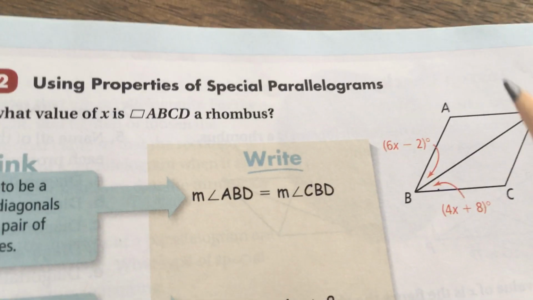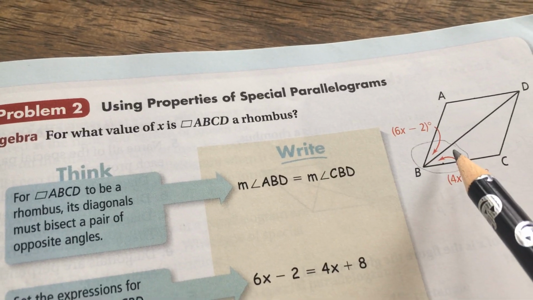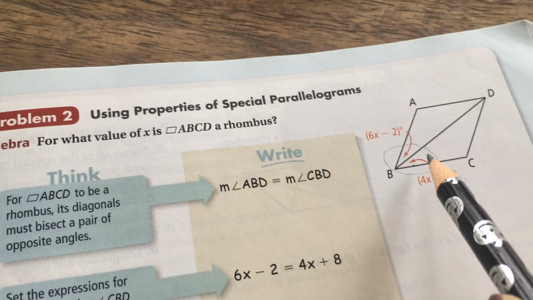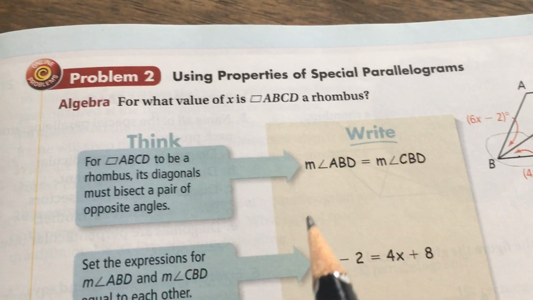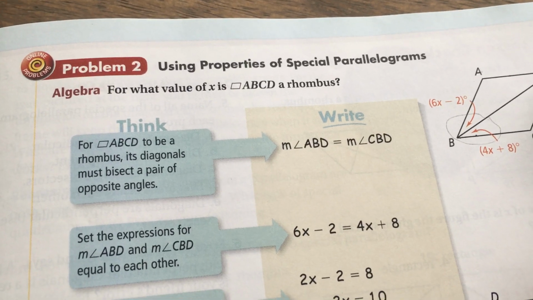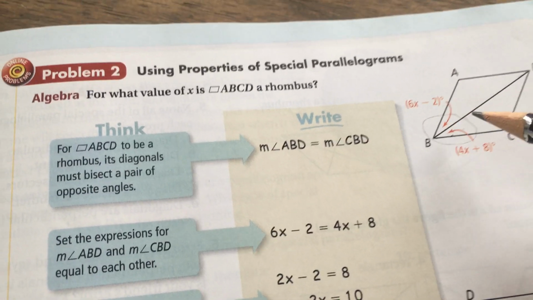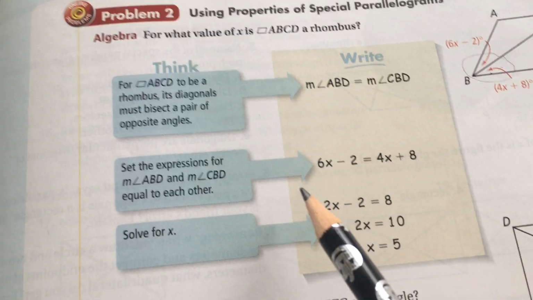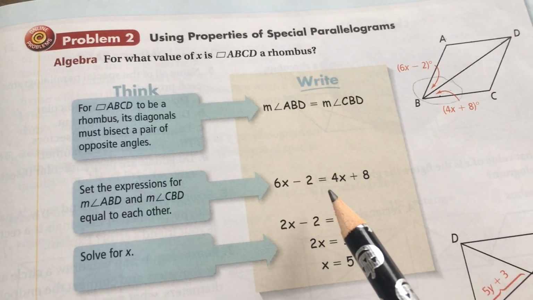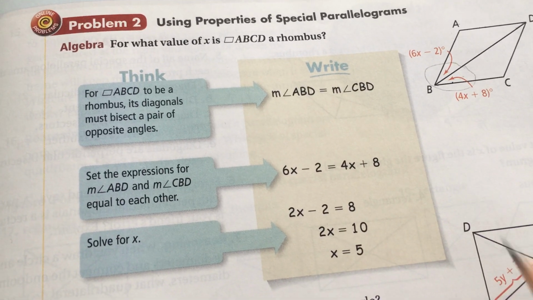So if this angle B is being bisected, then we know it's a rhombus. So we can just say that if the measure of angle ABD is equal to the measure of angle CBD, if those are 2 congruent angles, then we have a rhombus. So they just set 6x minus 2 equal to 4x plus 8 and solved it. So if x equals 5, then you know you have a rhombus.